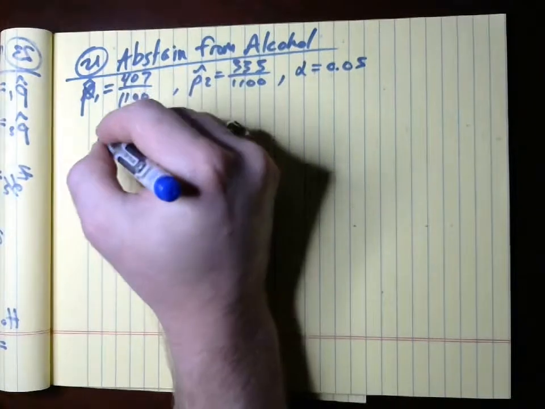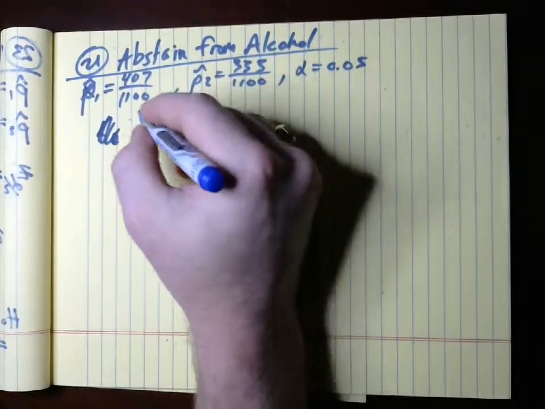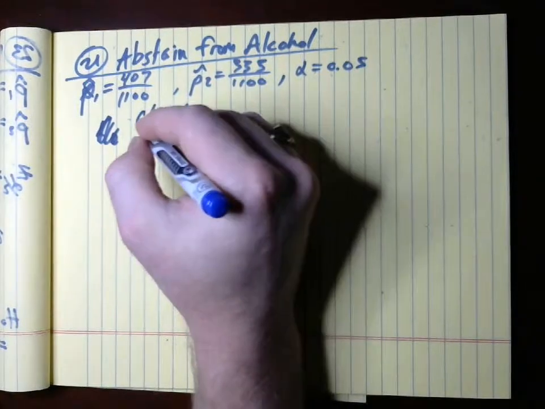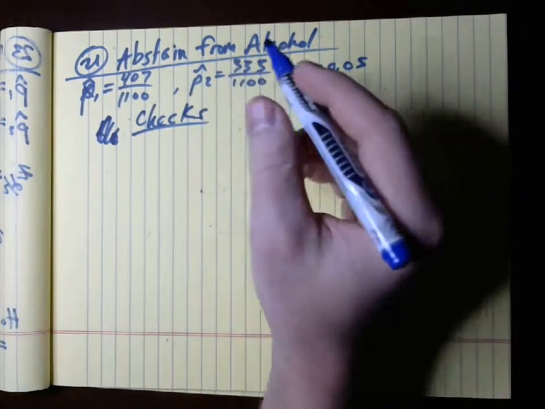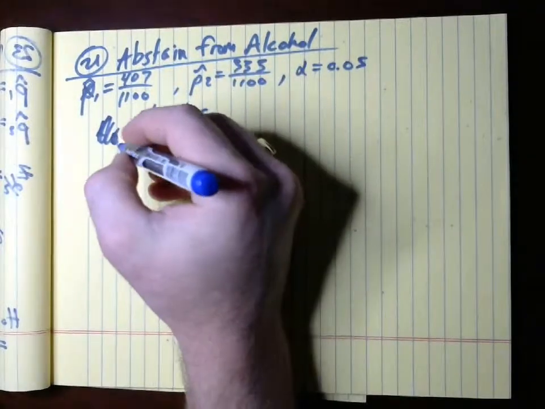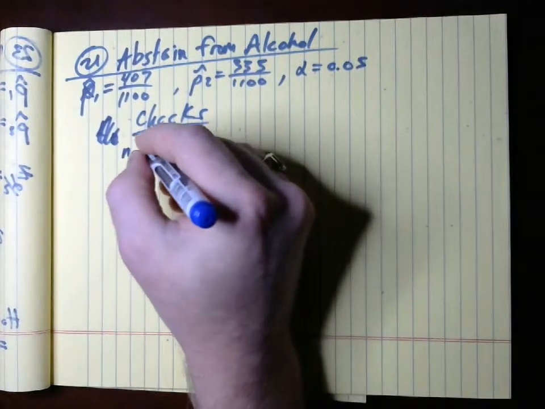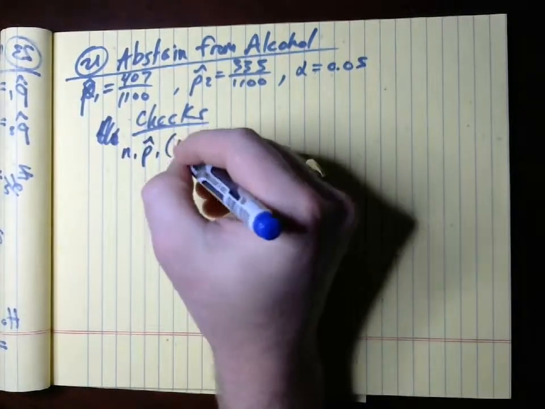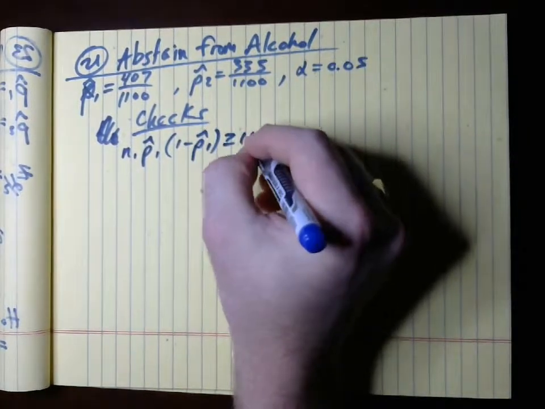So we have H naught. Oh, sorry, we're not there yet. We need to do the checks. There are three different checks, but I'm just going to go over the one that I really care about, and that's to make sure that we have a large enough sample size: N1 times P hat 1 times 1 minus P hat 1 is greater than or equal to 10.